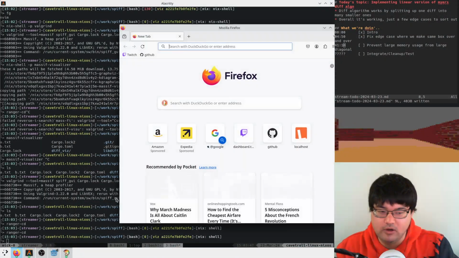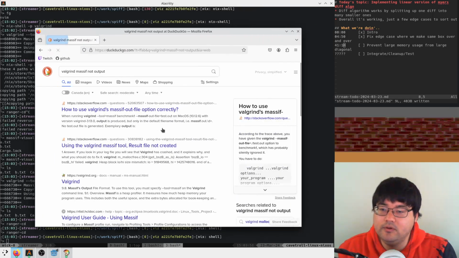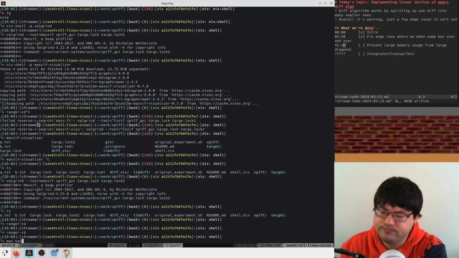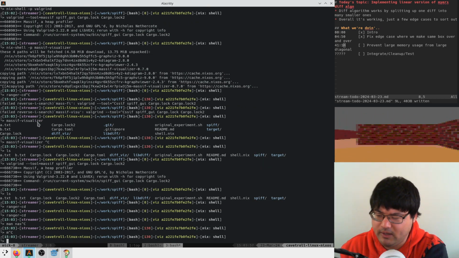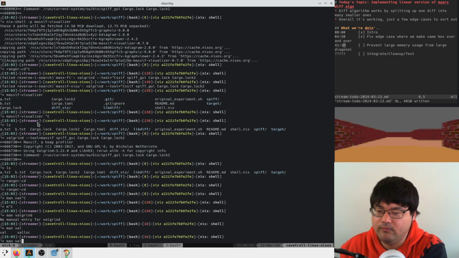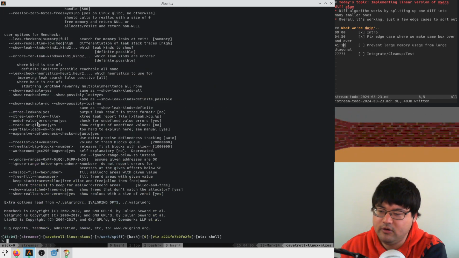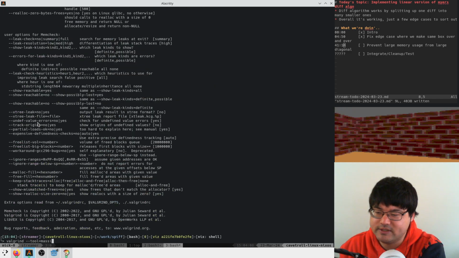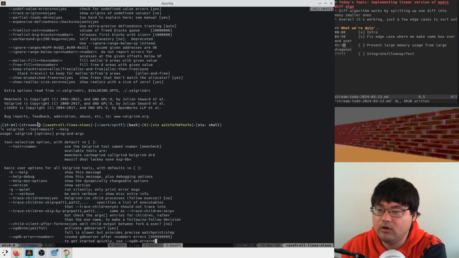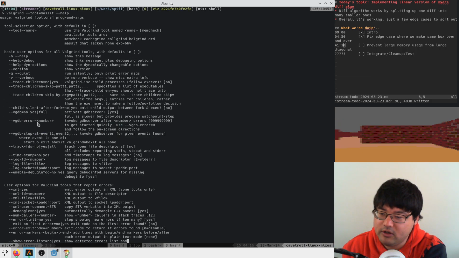At least that's my memory. Valgrind. Massif. Valgrind help. Tool equals massif help. Is there not supposed to be an output file here?